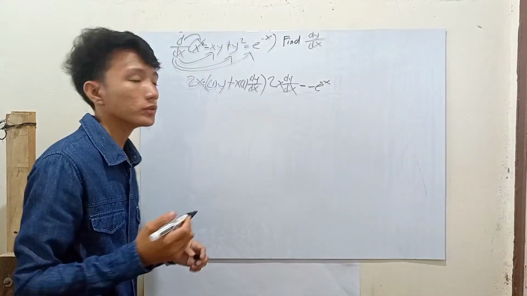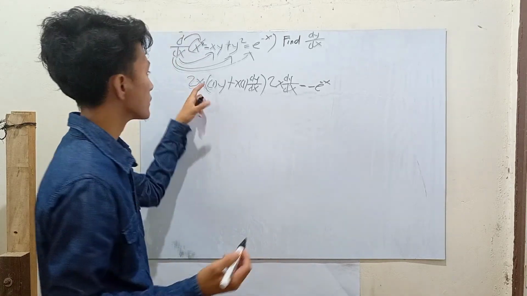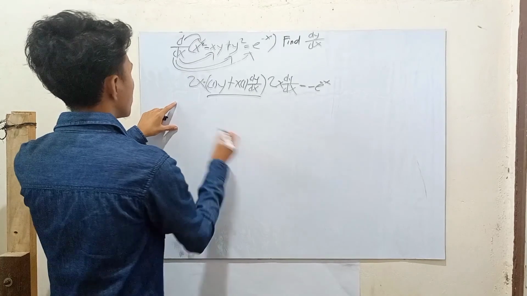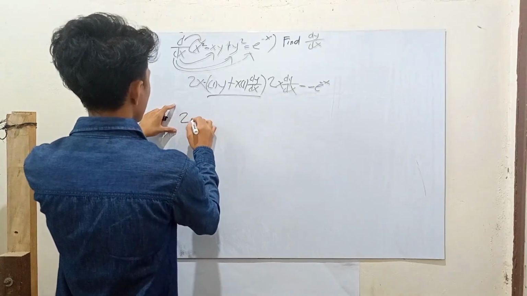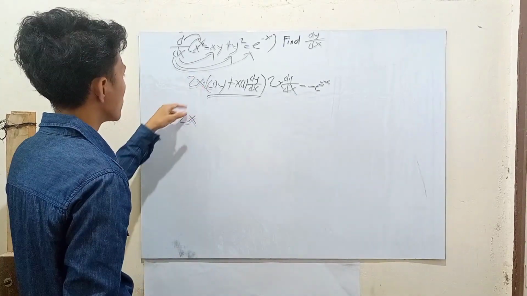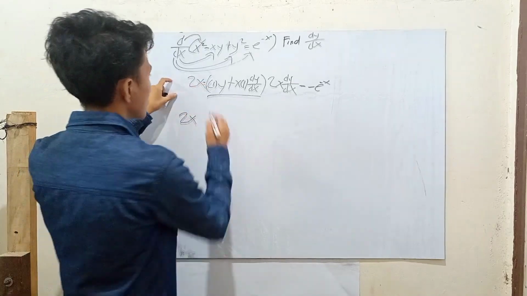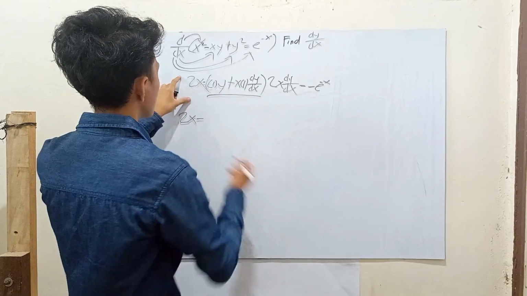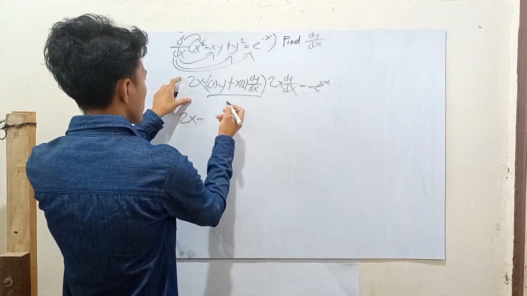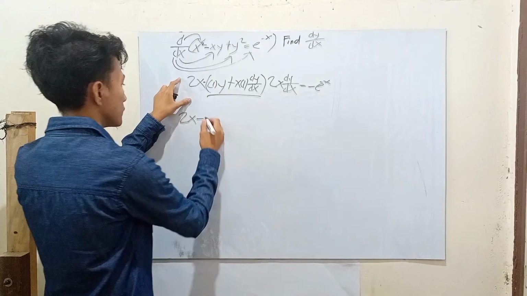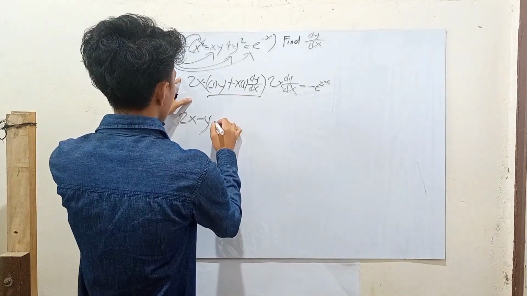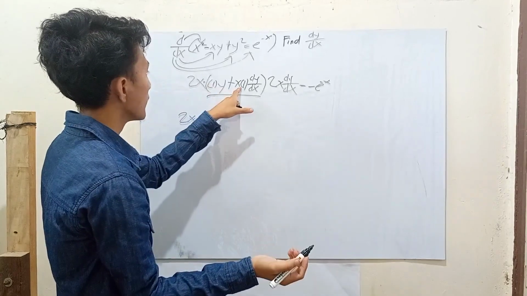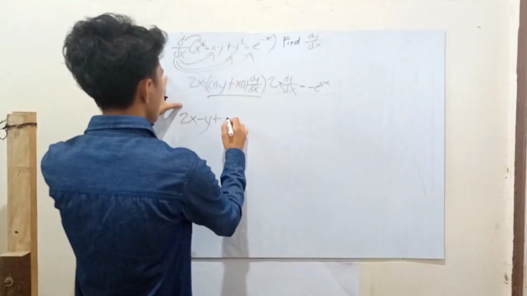And then the next thing we do is distribute the negative sign in this term. Copy the 2x, and then negative times positive equals negative. x times y: 1 times y is y, and then x times 1 is x.